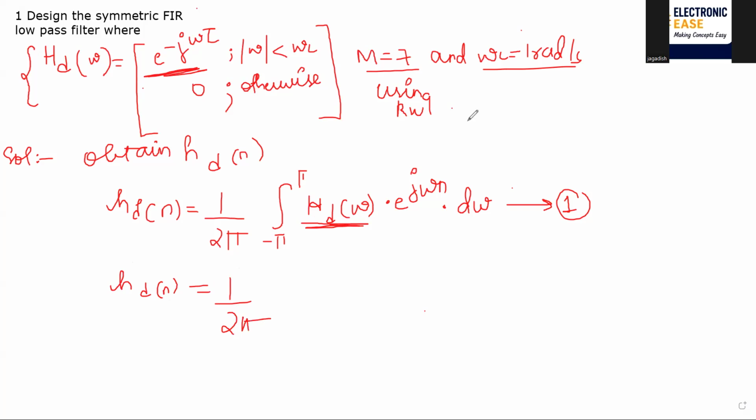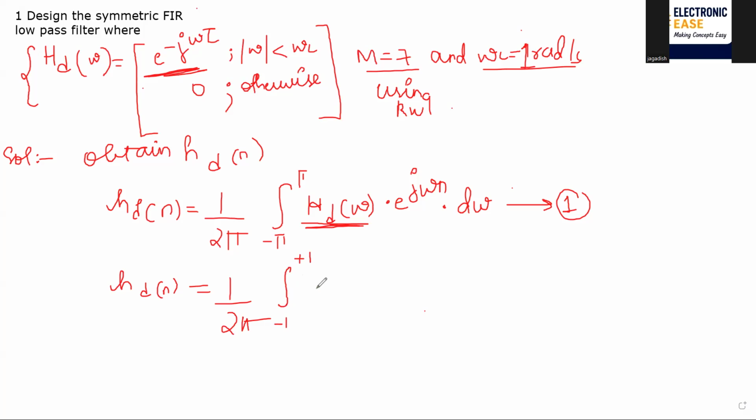Here, the cutoff frequency they have given is 1 radians per second. So the limits will be changing to minus 1 to plus 1. Whatever the cutoff frequency they have given, those limits you need to substitute here.